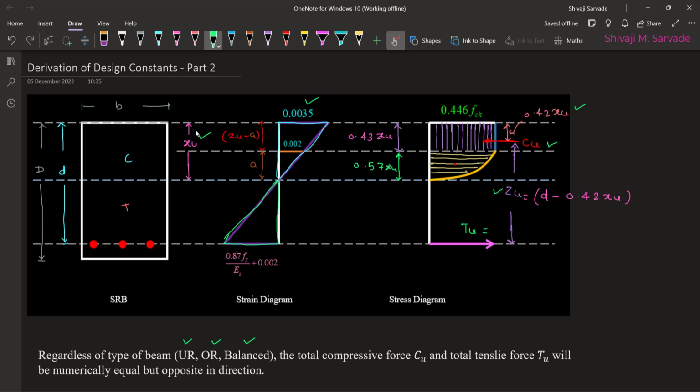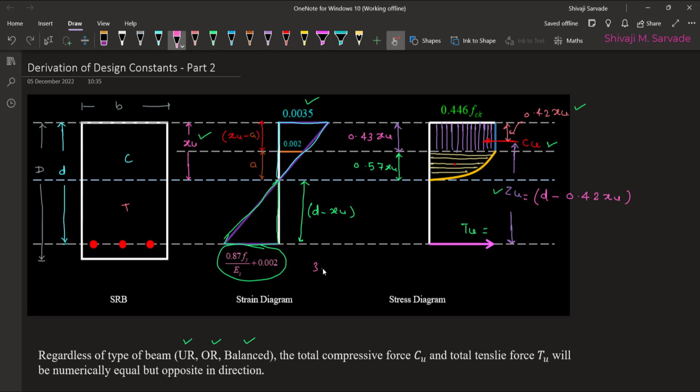So Xu divided by 0.0035, and this would be, since total is D, out of that we can subtract Xu, so this becomes D minus Xu, and this height will be divided by this value of strain, which just now we got for Fe 250 steel.